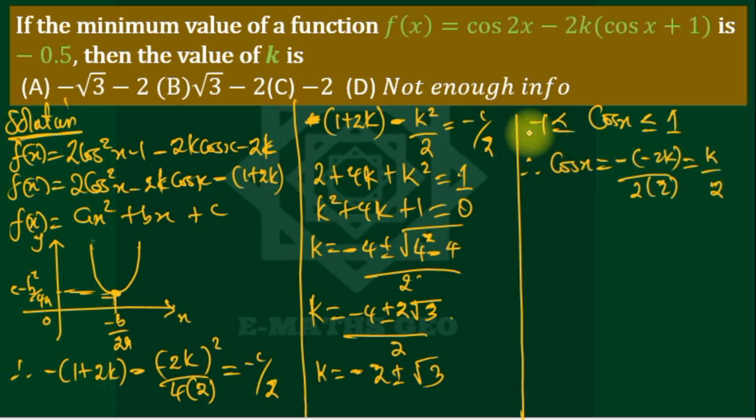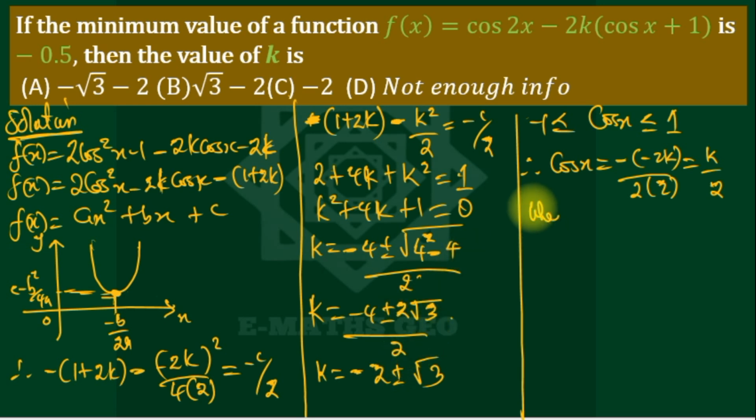We're asked to find k, but we need to be careful. K has something to do with cosine, and we know that cosine of every number must be between minus 1 and 1. That's minimum minus 1, maximum 1. So let's substitute.